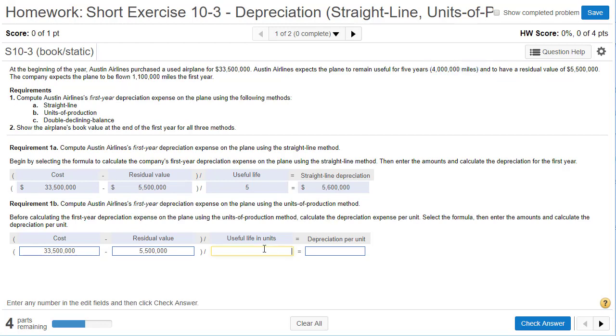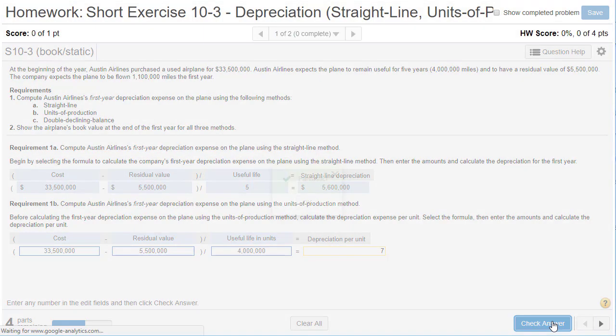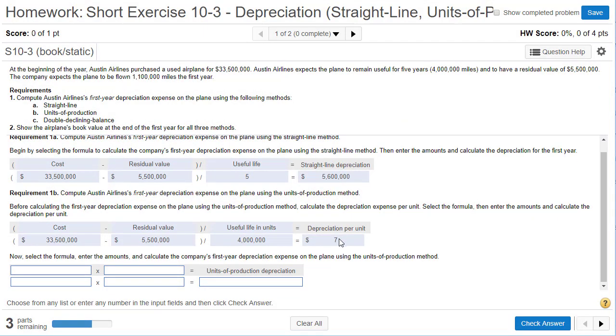We get that from up there. So we're going to take $33.5 million, subtract $5.5 million, and divide that by 4 million miles. And we get $7 per mile. So we've got $7 of depreciation per mile.